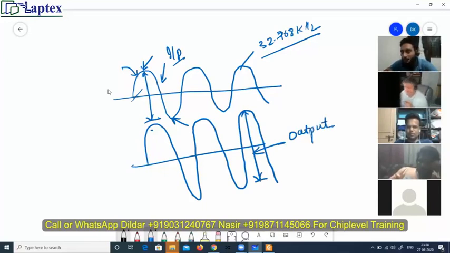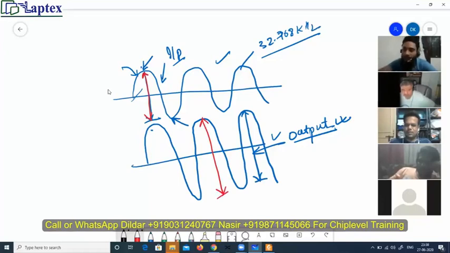This will help you when there is no schematic and no board view. When the input amplitude is a bit lower and the output amplitude is a bit greater, say if it is 1.2 volt, it will be around 1.5 volt. This is how you have to determine it.